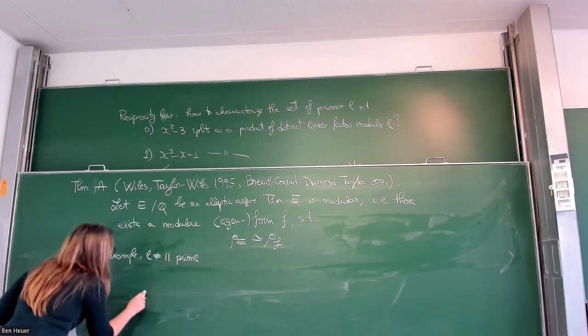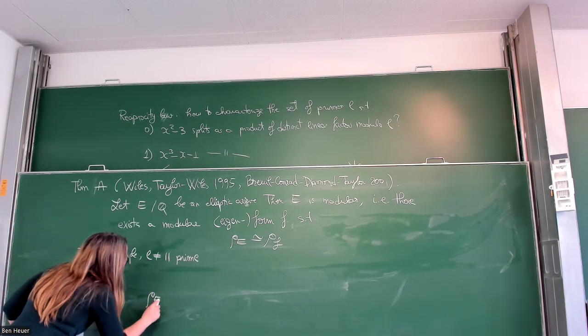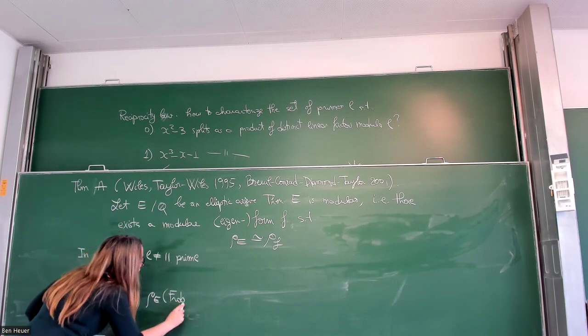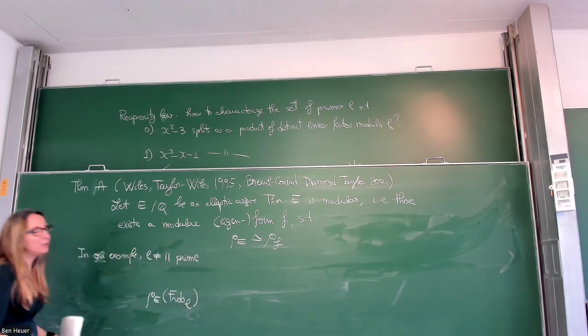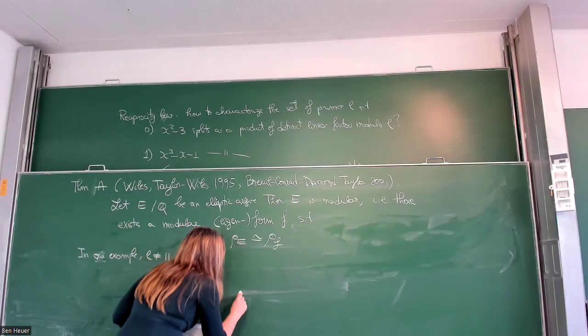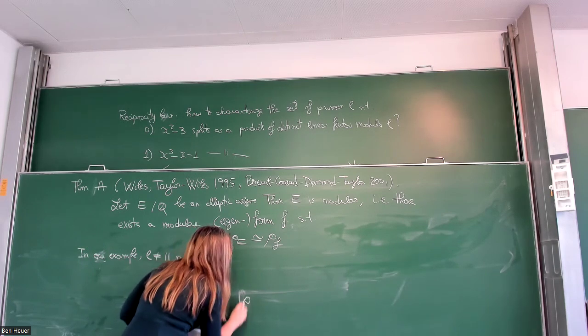Then I can look at the Galois representation attached to E, and I can evaluate it at a preferred conjugacy class that knows about l, the so-called Frobenius at l. I can make sense of this. And I can do the same for rho F.